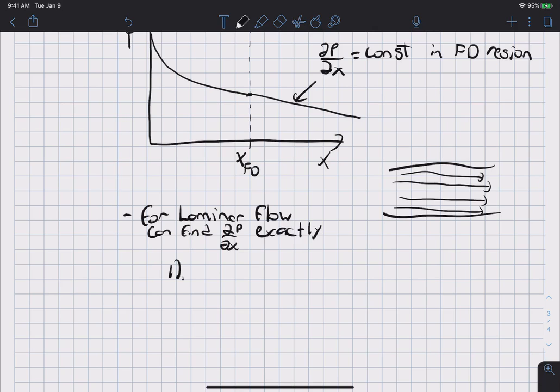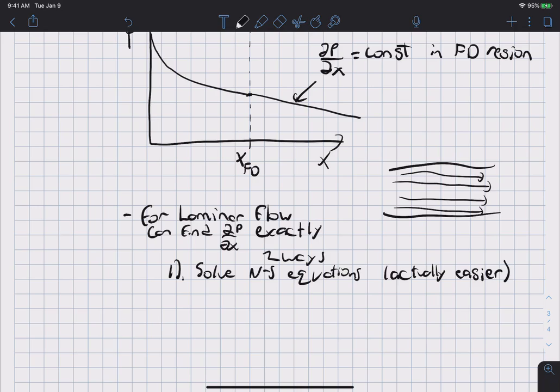The first way, which I think is the easiest, is to solve the Navier-Stokes equations. And this way is actually easier and more straightforward, but there is a bit of a learning curve to doing it.